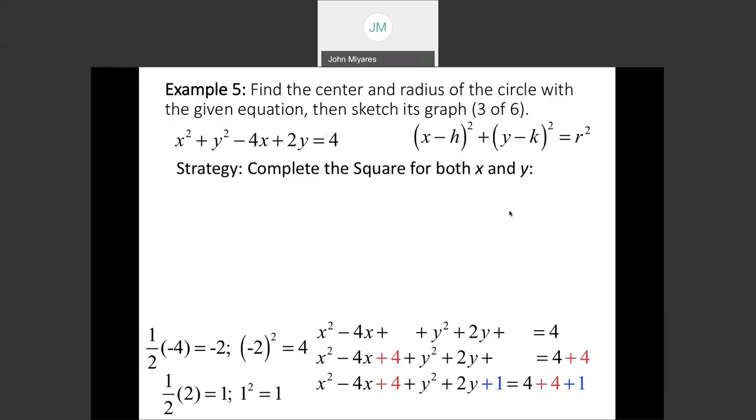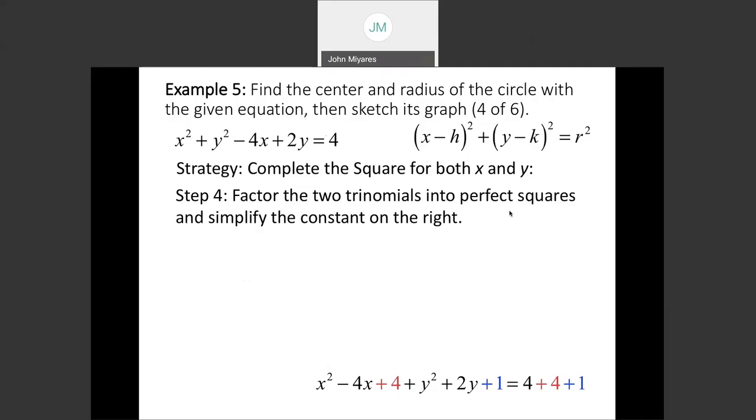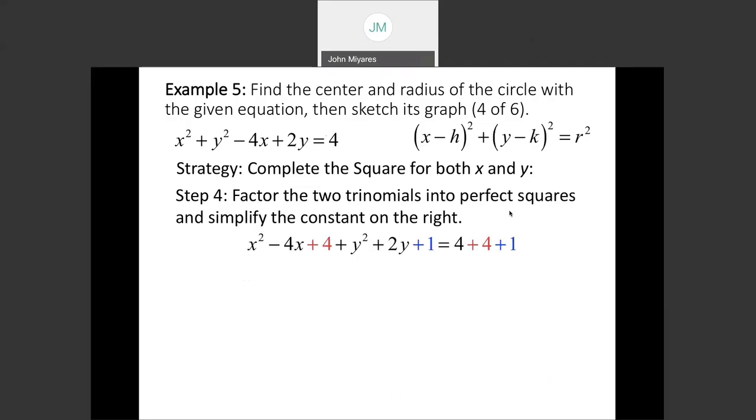Step 4, we're going to factor the two trinomials into perfect squares and simplify the constant on the right. Let me move some stuff out of the way to make room for what we're doing here. All right, that's better.